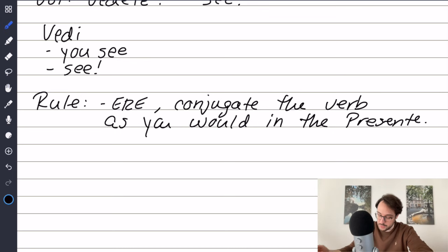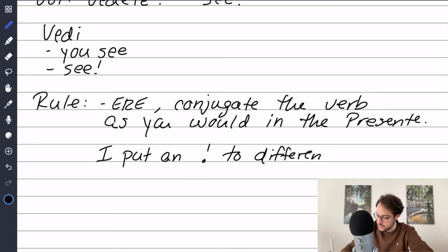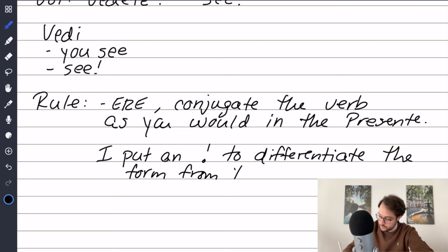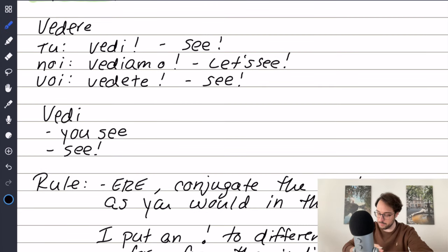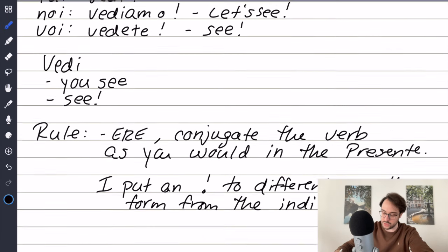I like to put an exclamation point to differentiate the form from the imperative. Okay. From the indicative, rather. Indicativo. I'm just going to move on because I think other verbs are better. I don't actually really like vedere, but that at least just explains what you do when you take the verb.